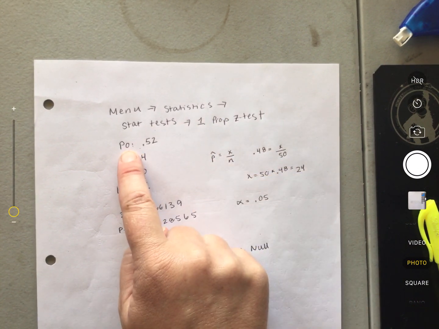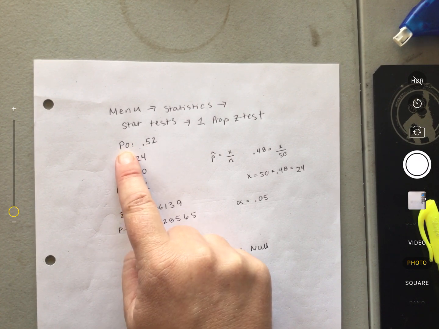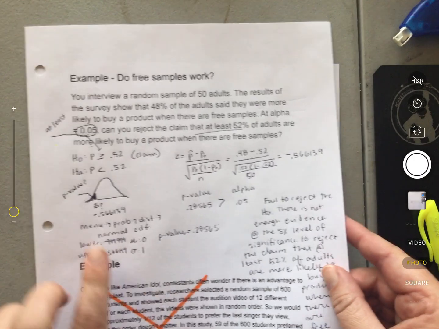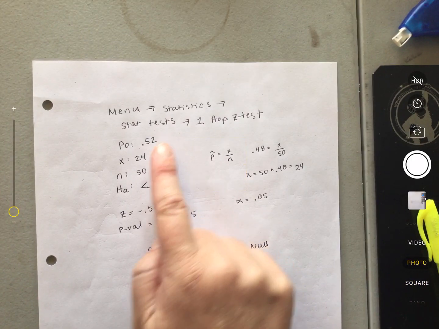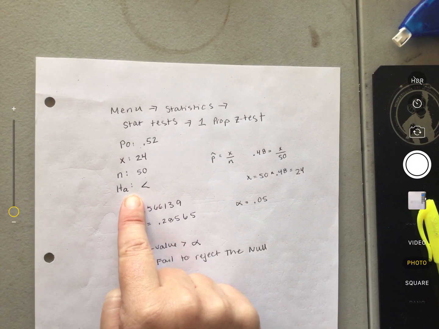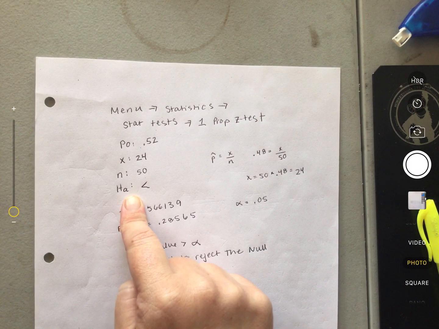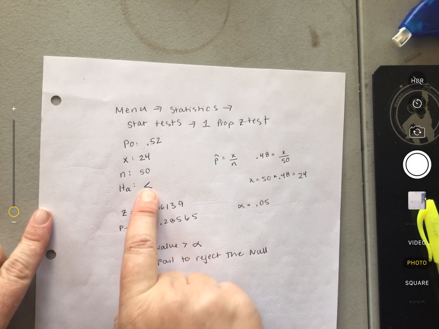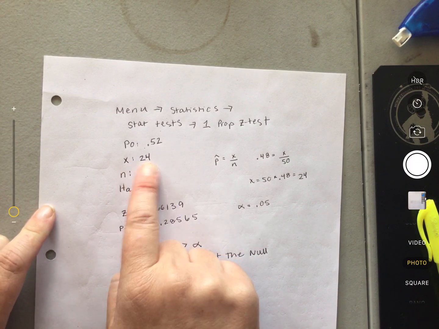It asks you, well, what is the population proportion in the null and alternative hypothesis? Okay, well, that was 0.52, okay? And then it asks you x and n, and also which way the inequality sign is going for the alternative. Well, we knew it was less than, we knew n was 50, but what the heck is x?